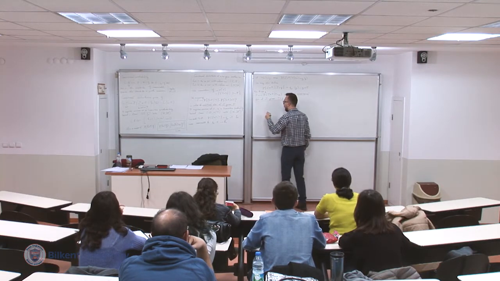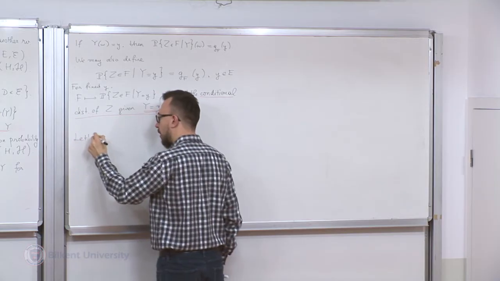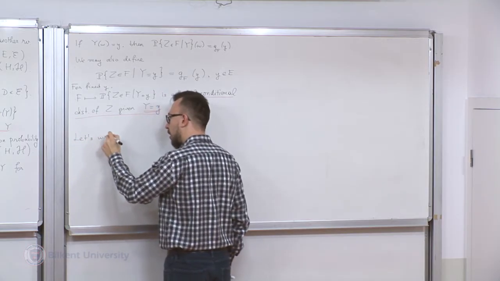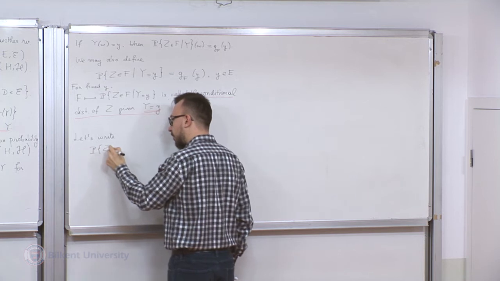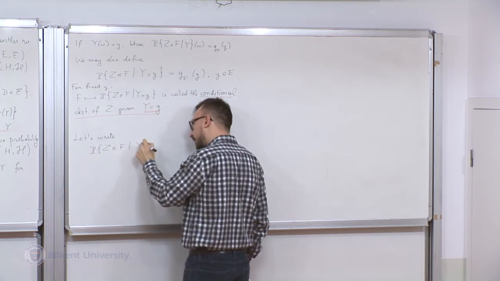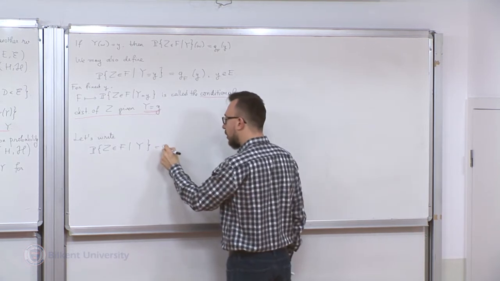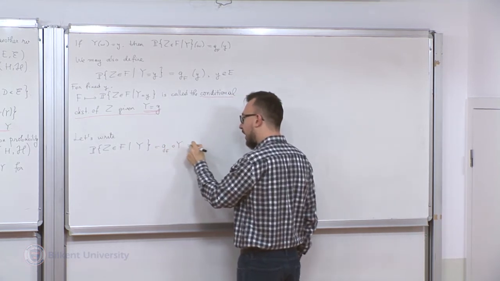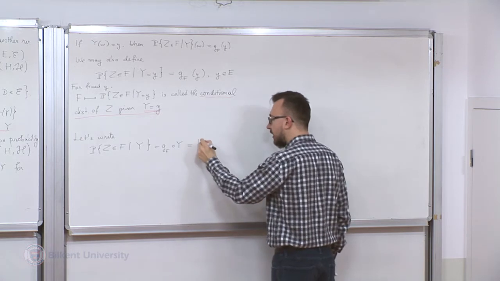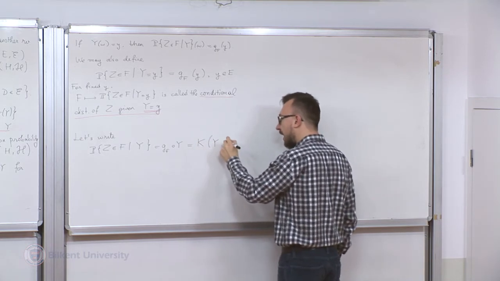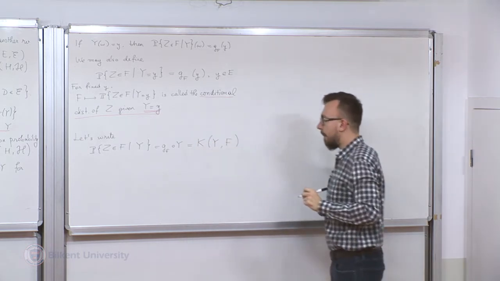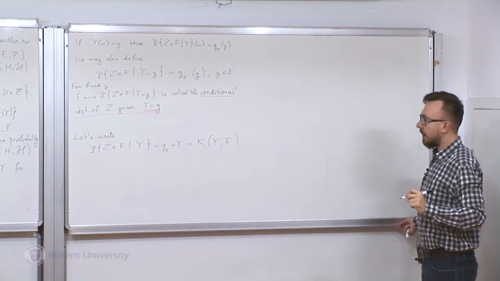So let's write the conditional probability of Z in f given Y as, okay, so this was g_f of y. And I can also see it as a function of y and also a function of f, right?